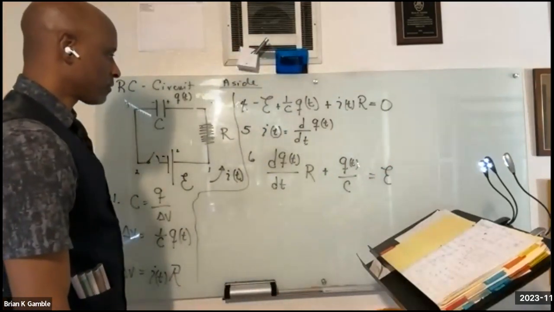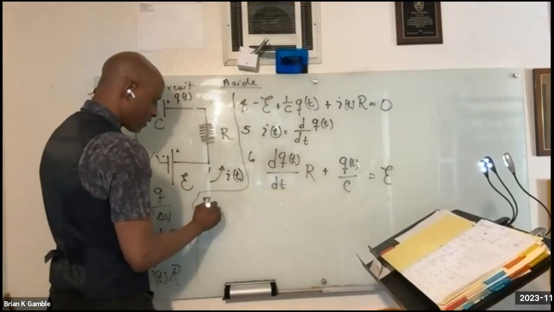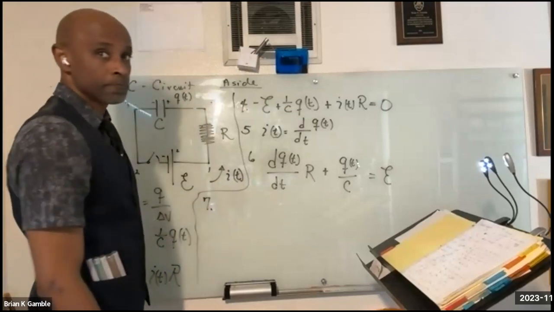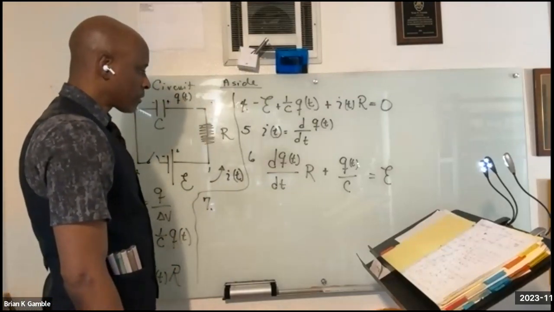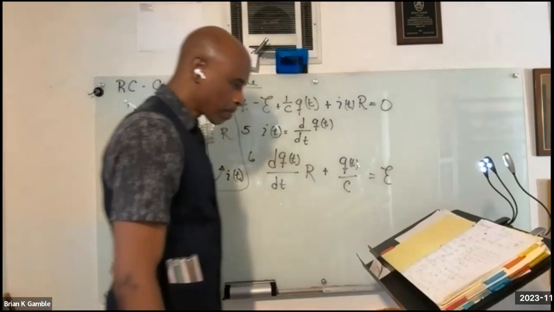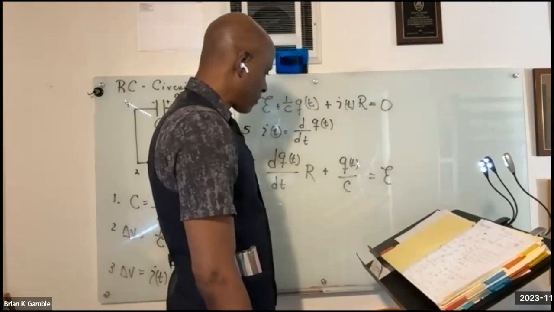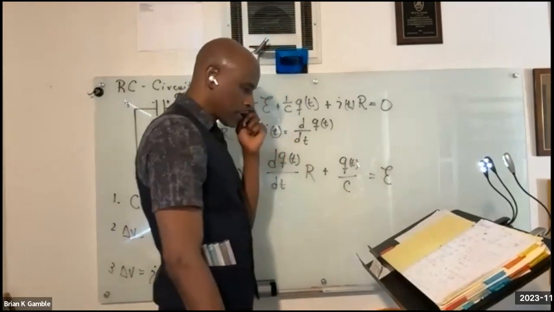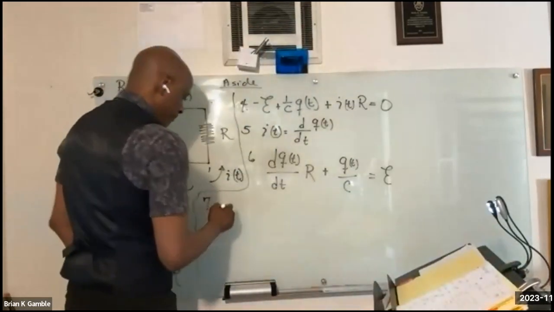I need more space. I'm making this too big. Let's come over here. So now I'm going to separate variables. I'm going to divide everything through by R first.